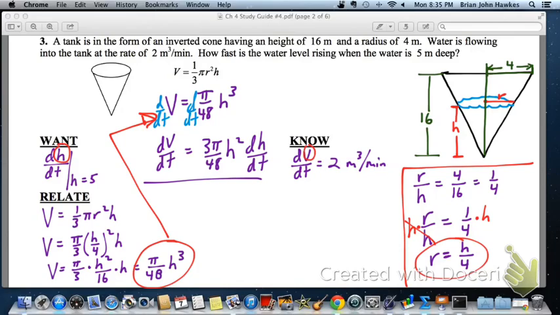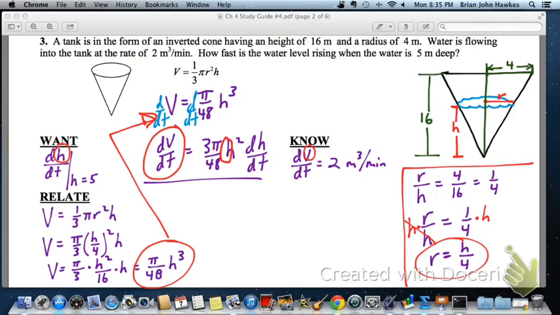If we look at our equation, do we have to solve for anything else? We know our dV/dt. We know we want our dh/dt at the precise moment h is 5, so we have no other values to solve for.